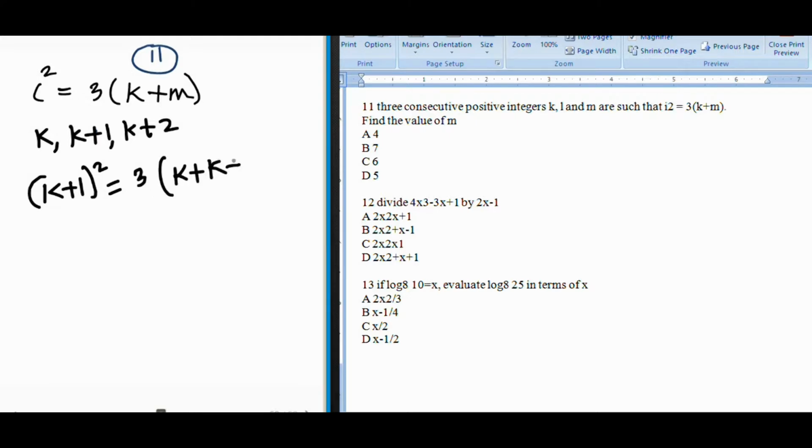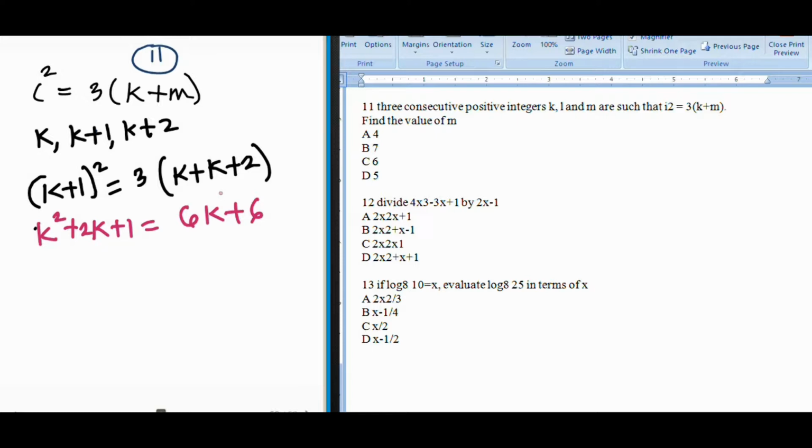That is plus K plus 2. Now, expanding this K plus 1 square, that will give us K square plus 2K plus 1. That will be equal to, open the bracket, 6K plus 6. Okay, why do we have 6K? K plus K in the bracket, that is 2K. Multiplying it by 3 will give us 6K.